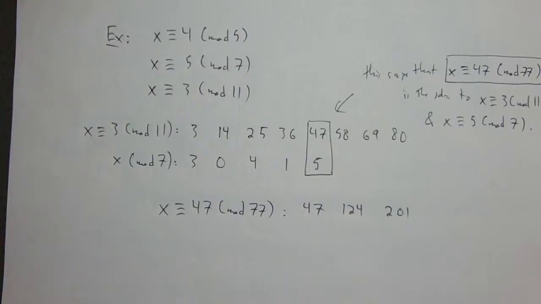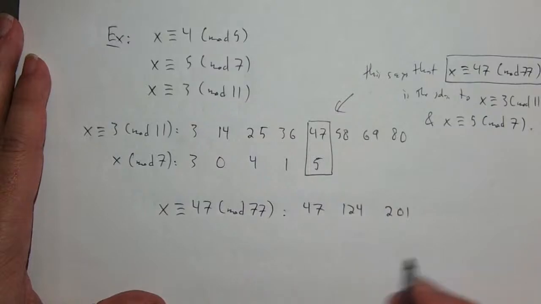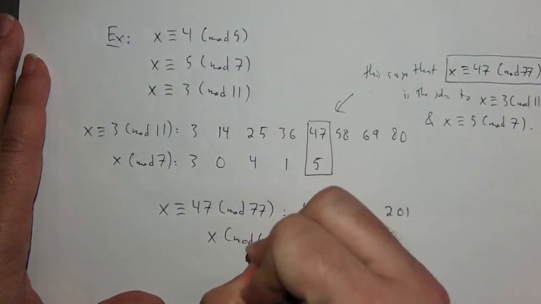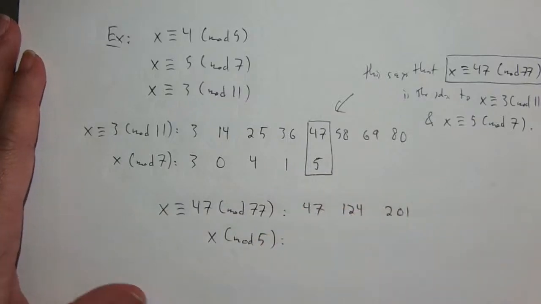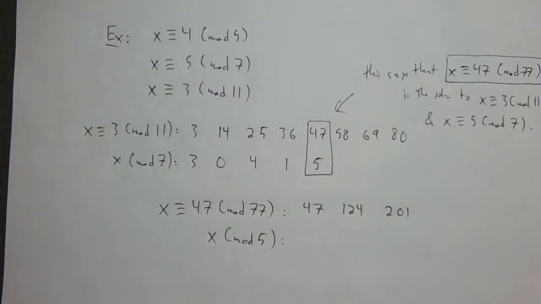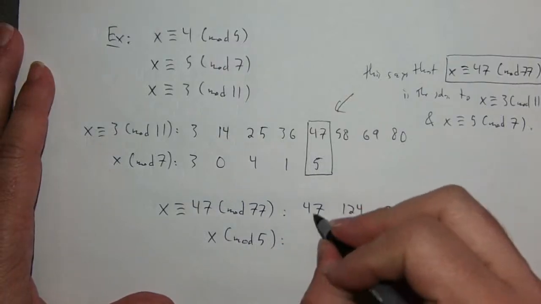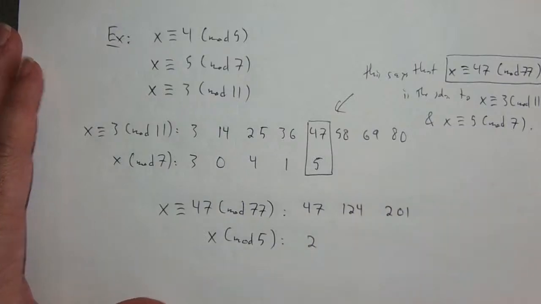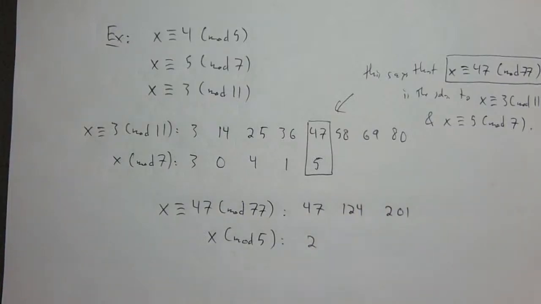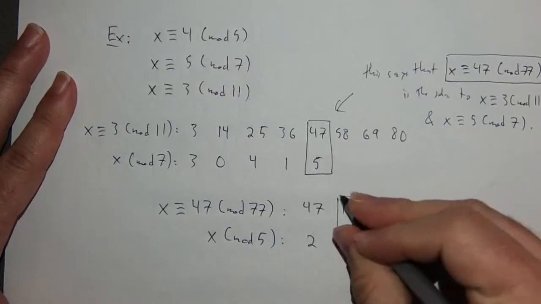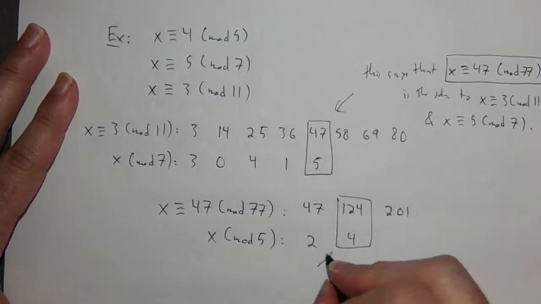And so I want to compare this mod 5, and I'm looking for 4 here. And so mod 5, 47 is 2, and mod 5, 124 is 4. What does that say?